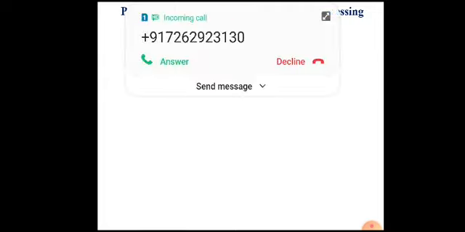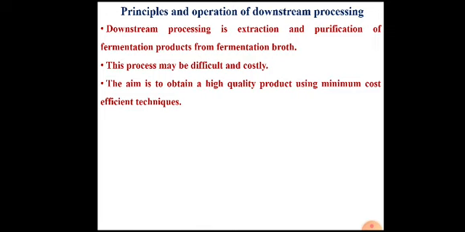Downstream processing means once the fermentation is over after the desirable incubation period, then whatever the operations, whatever the processing of extraction and purification for the fermentation products is done, it is called as downstream processing, which is nothing but the recovery of fermentation products. So downstream processing is extraction and purification of fermentation products from fermentation broth.